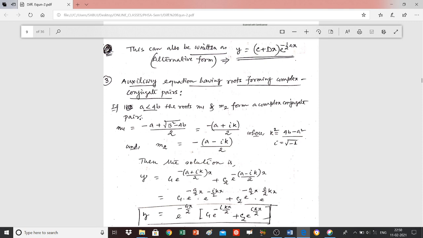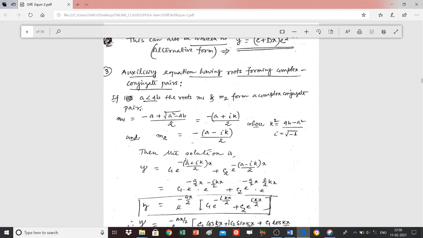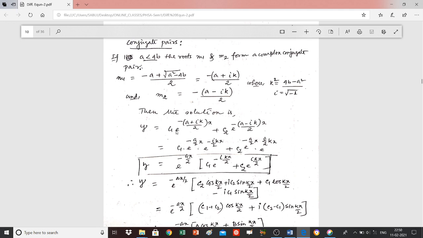Since in this case a square is less than 4b, you can find that m1 is equal to minus of a plus ik by 2, where k square is equal to 4b minus a square, and i is equal to root over minus 1. And m2 similarly is minus of a minus ik by 2. And then the solution will be y is equal to c1 e to the power m1x plus c2 e to the power m2x, with m1 and m2 as written here.